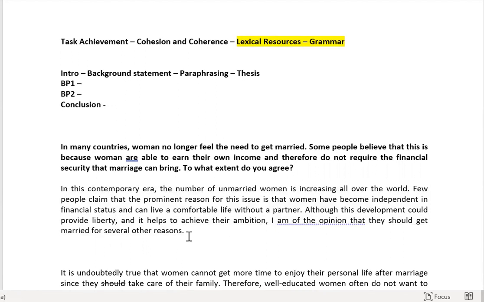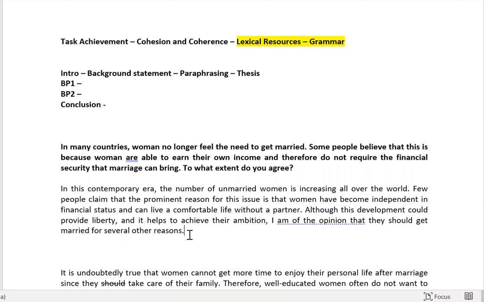Read it and let me know if you find any fancy word in here, or any word that you don't know the meaning of. No, nothing, everything you know.